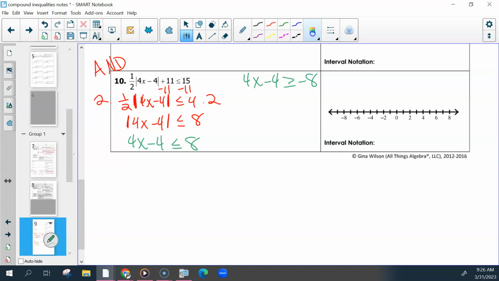Start to solve. Add 4 to both sides. So 4x is less than or equal to 12. 4x is greater than or equal to -4. Divide both sides by 4.